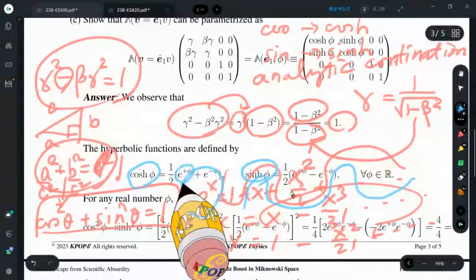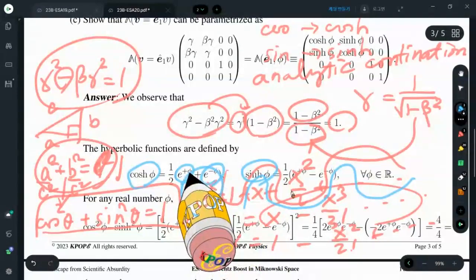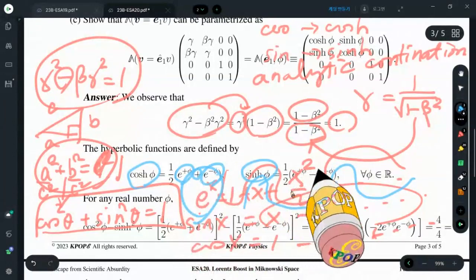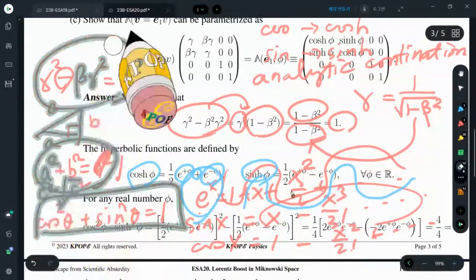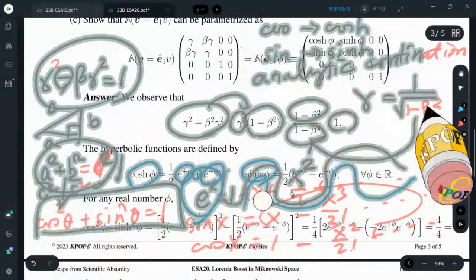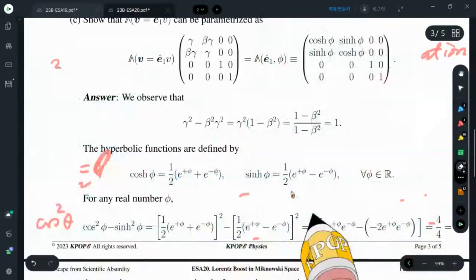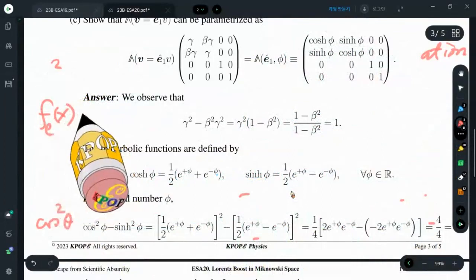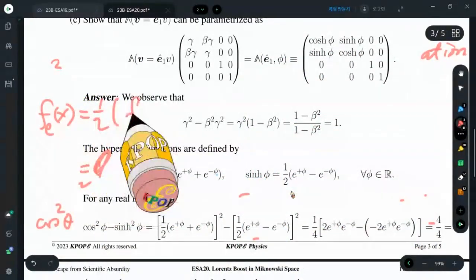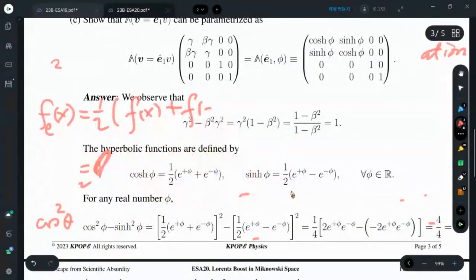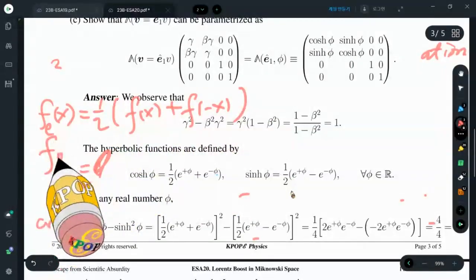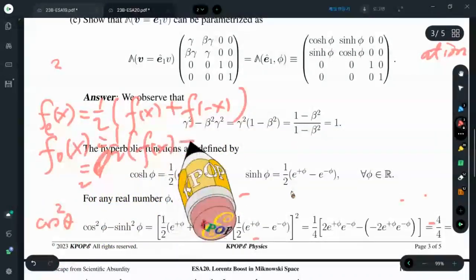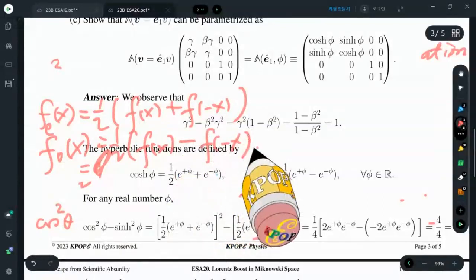Let's see. Just the same exponential, but positive and negative. So this is a usual way of separating a function into even and odd contributions. For f of x, the even part is one half of f of x plus f of minus x. The odd part is one half of f of x minus f of minus x.